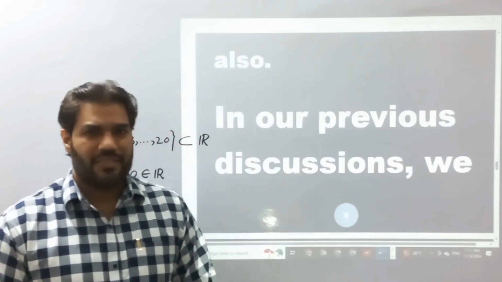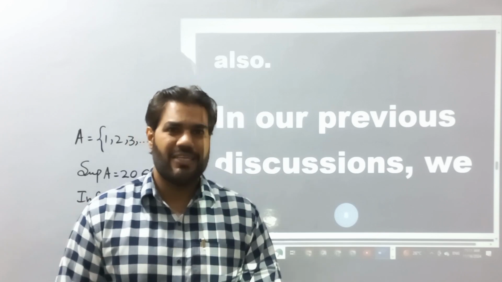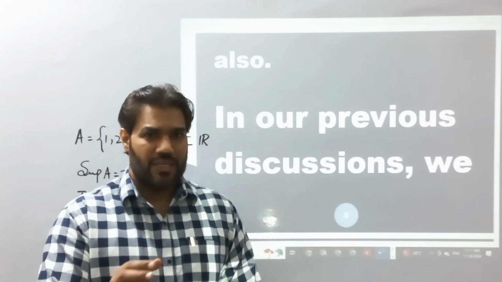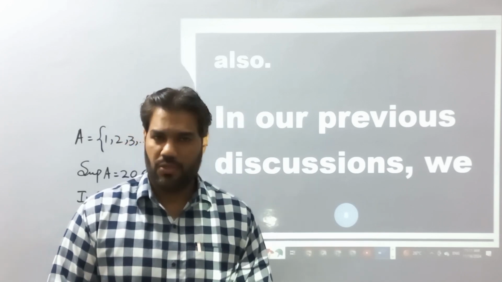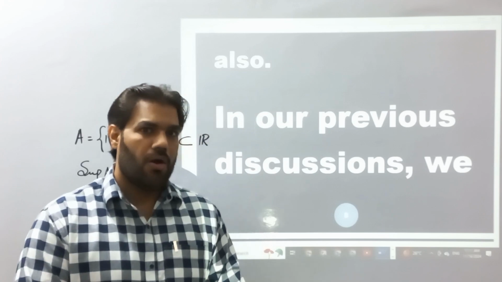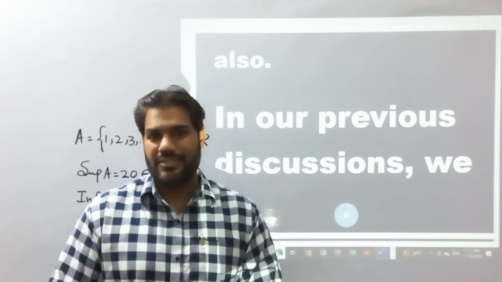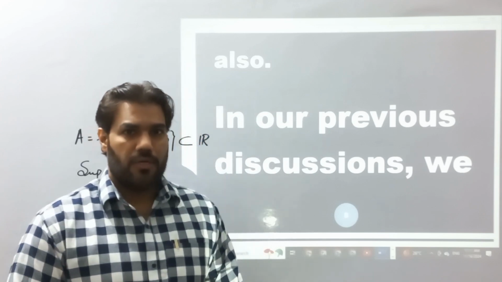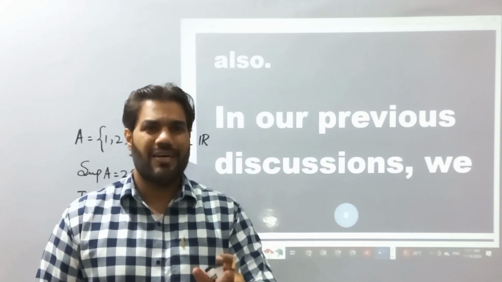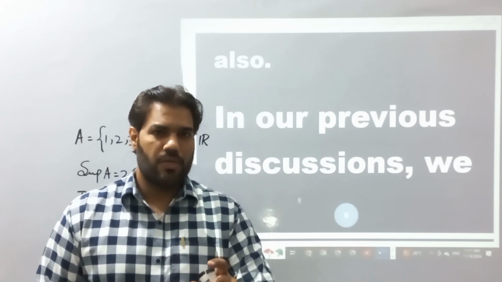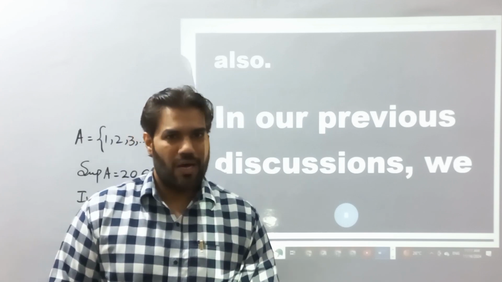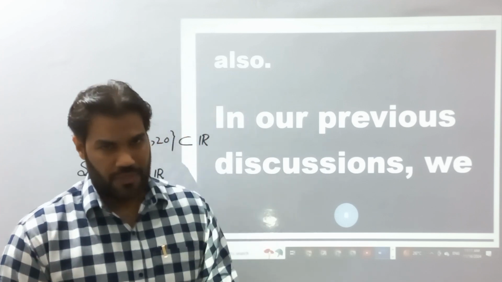In our previous discussion, we saw that both Q, the set of rational numbers, and R, the set of real numbers, are ordered fields. Now, as we have learned that R satisfies the completeness property, R is one of the complete ordered fields.